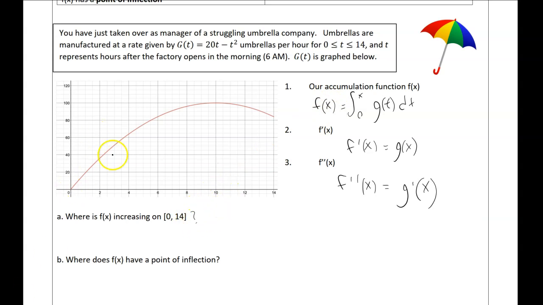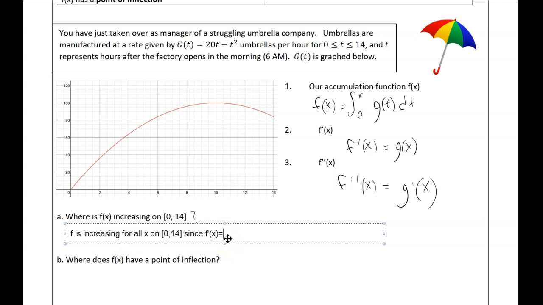Well, the answer here is really everywhere, because everywhere I go, my rate was positive, and we talked about that in the last video. So our justification would be that f is increasing for all of the x on our interval, since f prime of x is equal to g of x, and g of x is greater than 0 for all those x's.